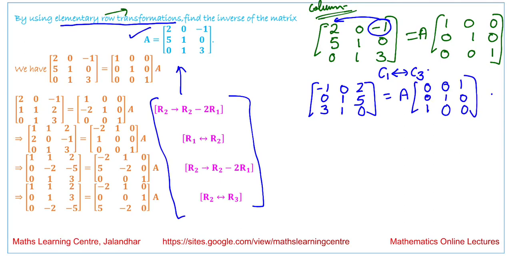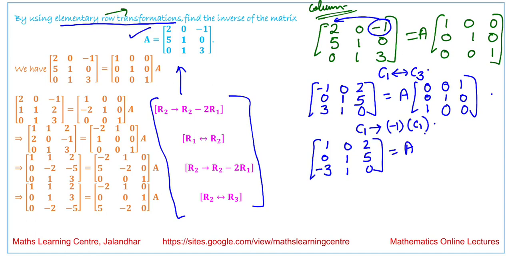Next step we are going to do is column 1 approaches minus 1 into column 1. So it is 1 0 minus 3, 0 1 1, 2 5 0, that is equal to A into, we have multiplied column 1 with minus 1, so it is 0 0 minus 1, 0 1 0, 1 0 0.